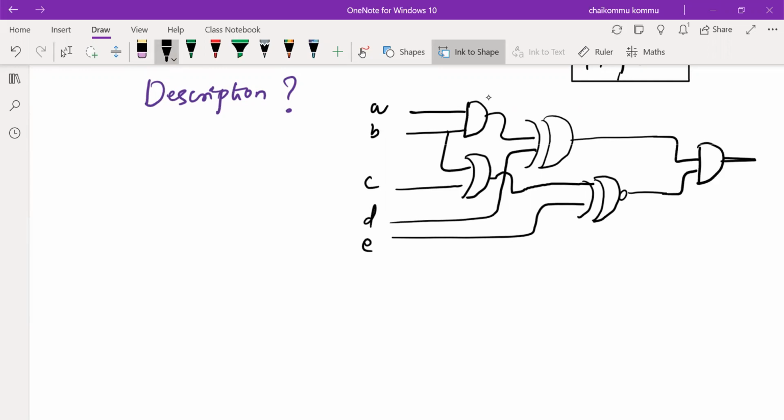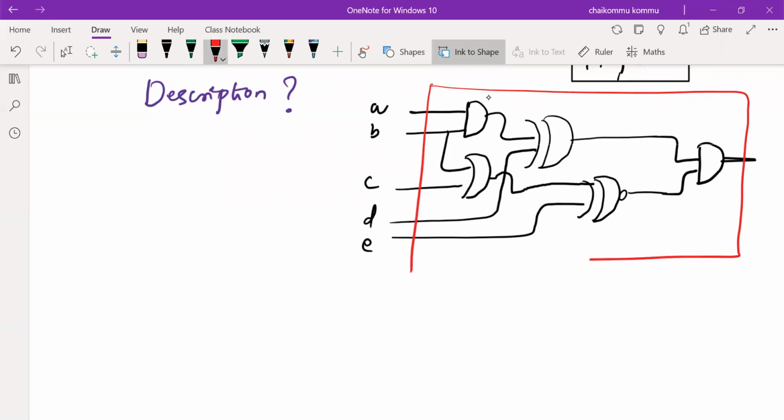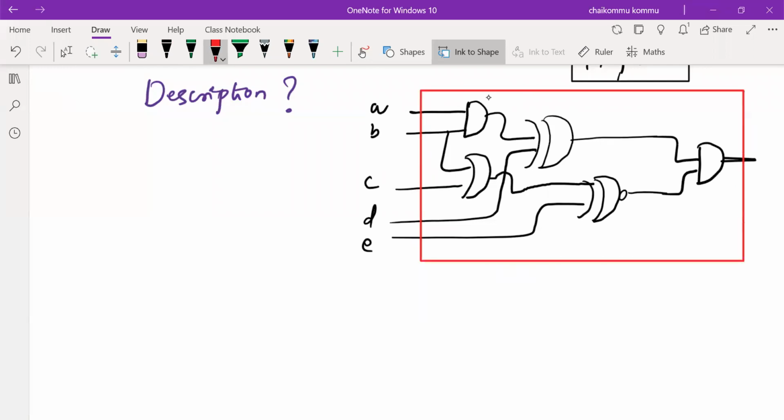Something like this. Okay, so this is what a digital circuit looks like. What do you mean by the description of the circuit?